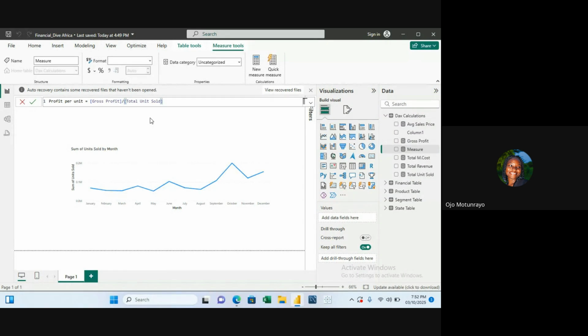Is this actually correct? Profit per unit. I'm trying to figure out profit per unit.